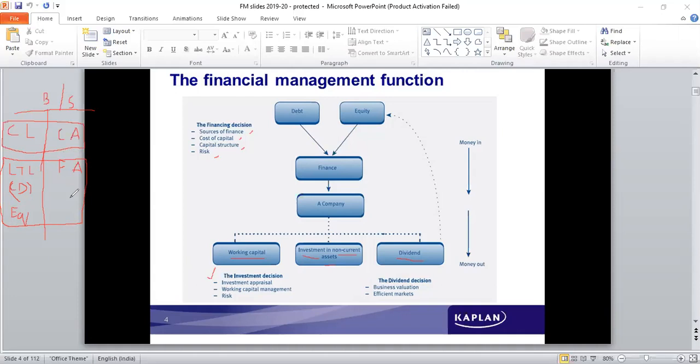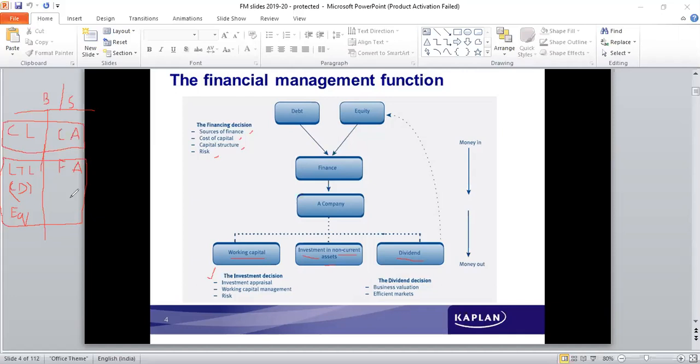So how much of the amount should be invested in short-term assets? How much should be invested in the long-term assets is one very important decision. Then we've also discussed just now how much debt capital and how much equity capital should be raised. Ideally speaking, it should be in the ratio 1:1.